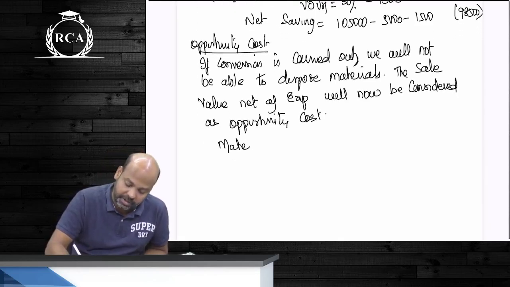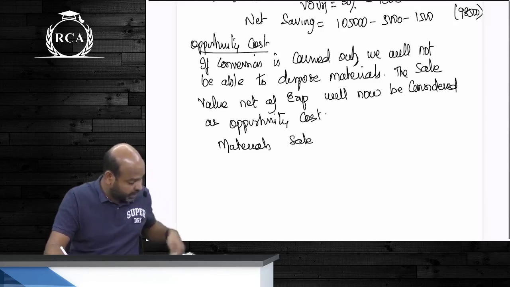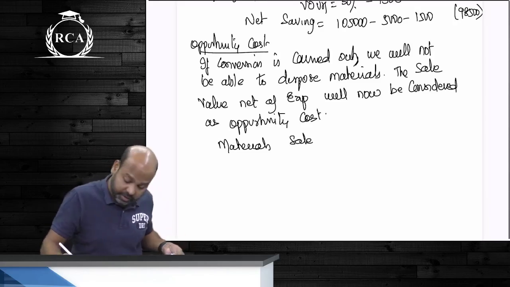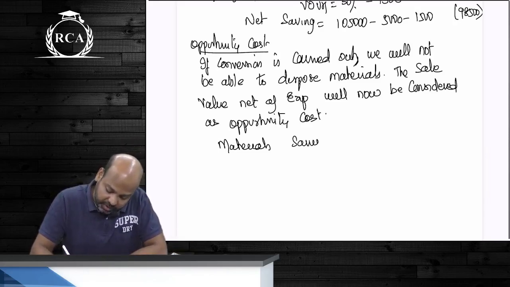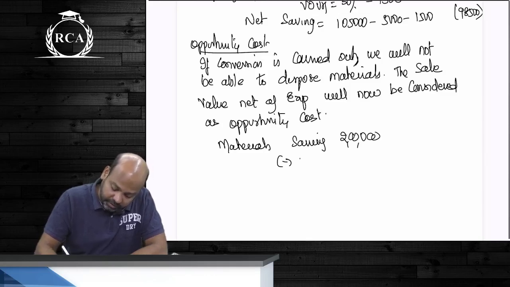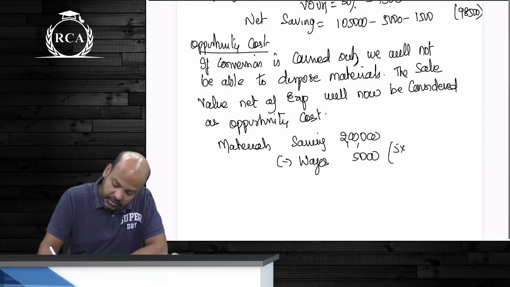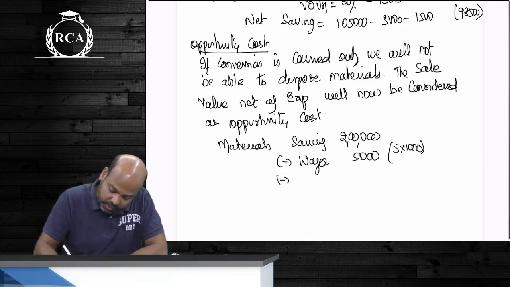For that materials, how much is the sale value? Not sale value, sorry. They can be used elsewhere. If I use the materials elsewhere, how much is the saving? 2 lakhs. But for that, what are the wages that I should incur? 5,000. What will be the variable overheads?